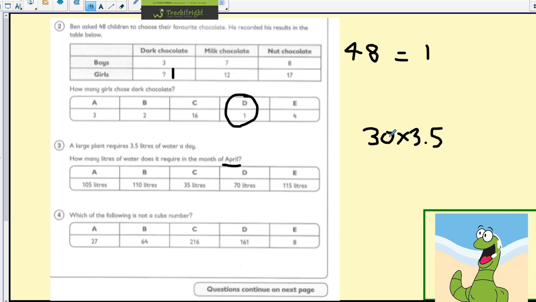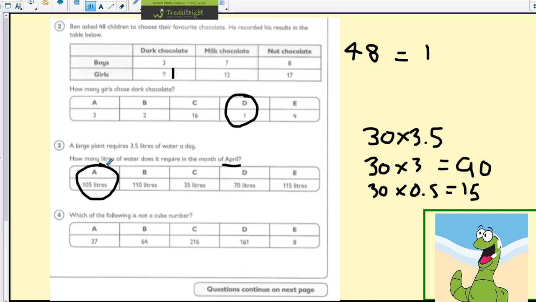The way I'd recommend doing this is I would split it. So I would do 30 times 3, and then 30 times a half, which is the same as saying half of 30. I would work those two out. So here we've got 15, here we've got 90. Put them together, 90 plus 15 is 105 litres. So the answer is A.